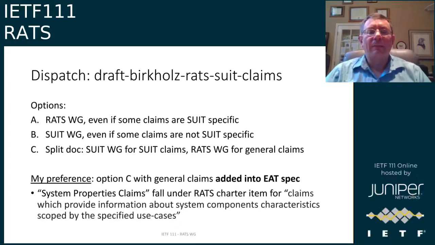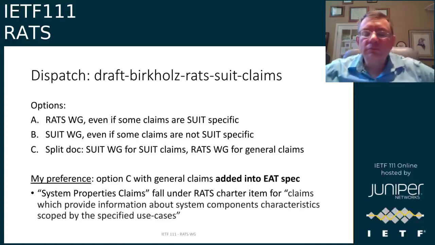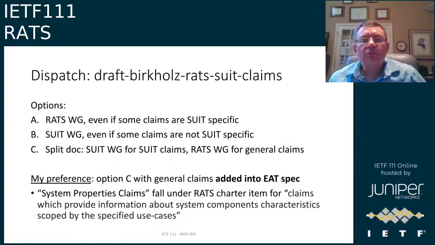We could split it, but then again, it would cause confusion because now you have to look at two different documents. This is all used by SUIT. So a SUIT engineer or implementer would look at the blob of it and now would have to dissect where to find anything specific. I agree with you also that the yellow items that TEEP wants to use, that's why we call them system properties, and that separated them from the interpreter ones.